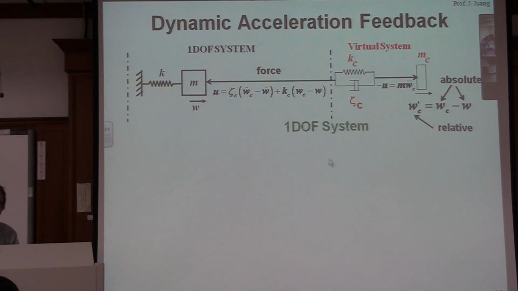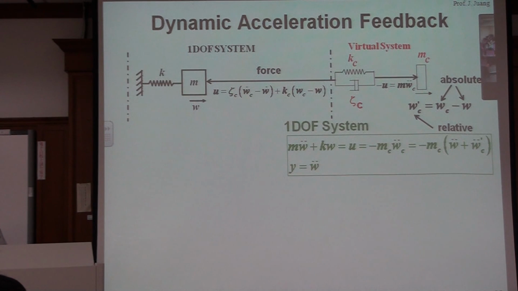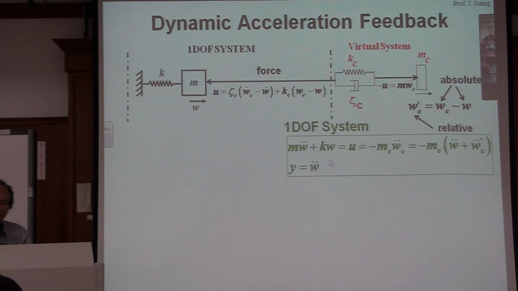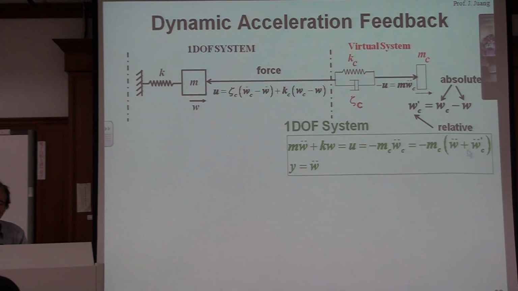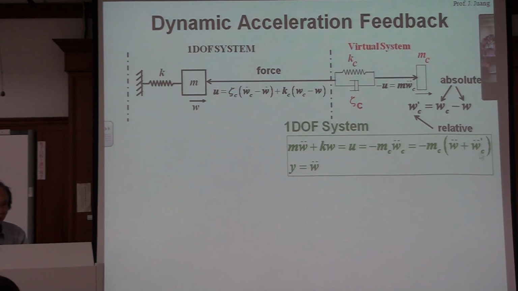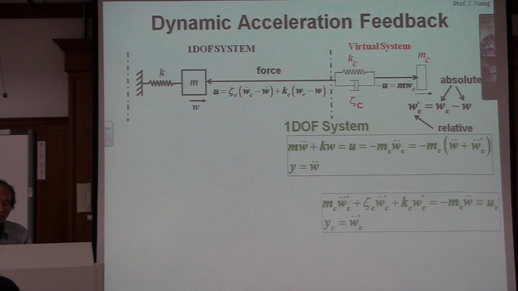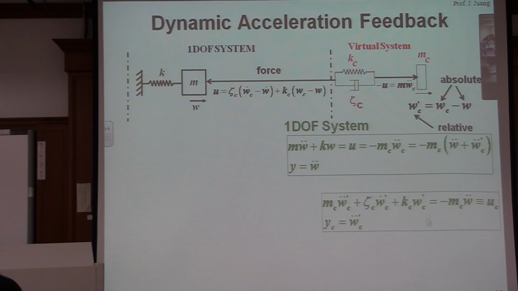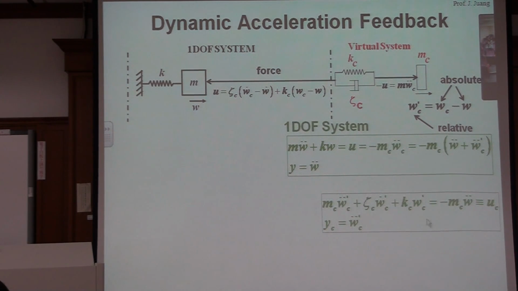Okay. So my dynamics, one degree of freedom again, is like that. m w double dot plus k w equal to u, equal to minus mc wc double dot. Alright? Equal to minus mc parenthesis w double dot plus wc double dot prime. Okay, look at this prime. And the prime will be calculated by computer by the following formulation: mc wc double dot prime plus zeta c wc dot prime plus kc wc prime equal to uc, equal to minus mc w double dot.